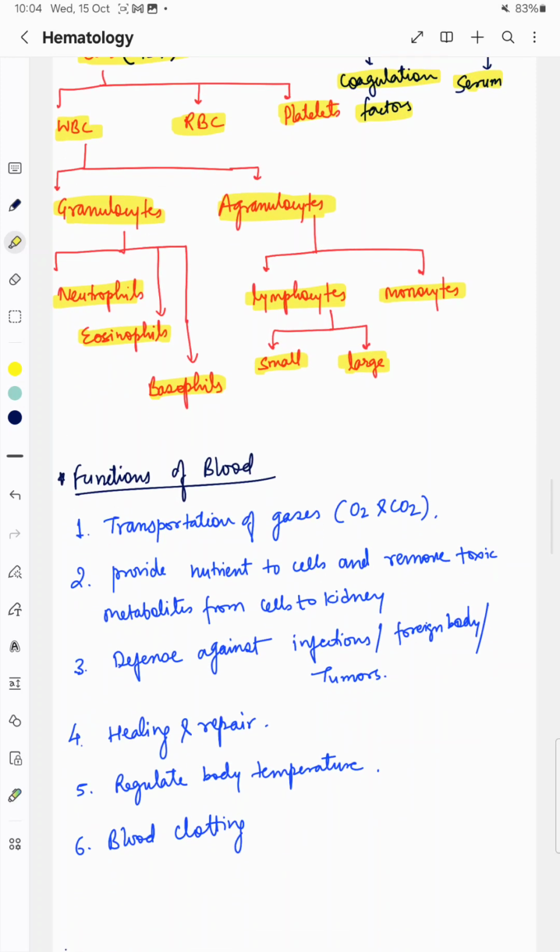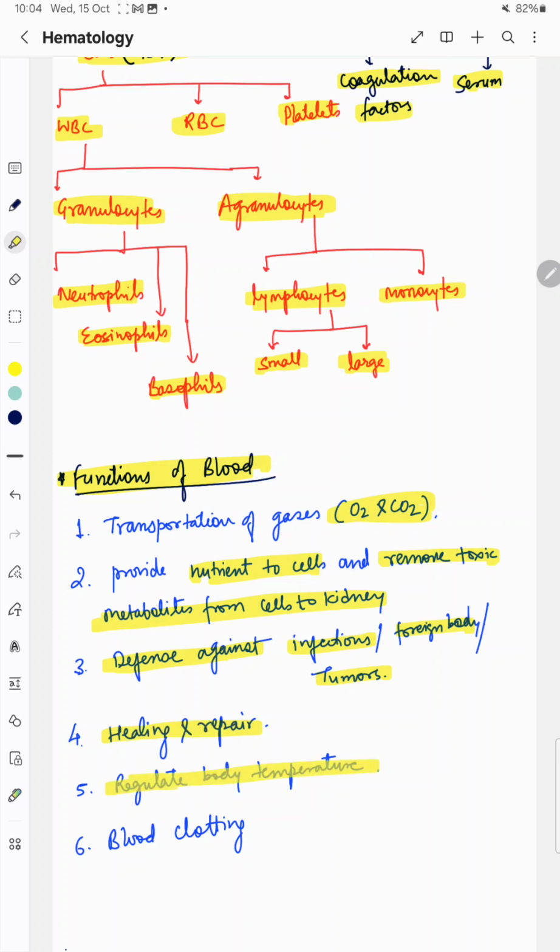What are the functions of blood? It acts as a transportation medium for gases like O2 and CO2, provides nutrients to cells and removes toxic metabolites from cells to the kidney. It provides defense against infection, foreign bodies and tumors via the white blood cells. It helps in healing and repair.